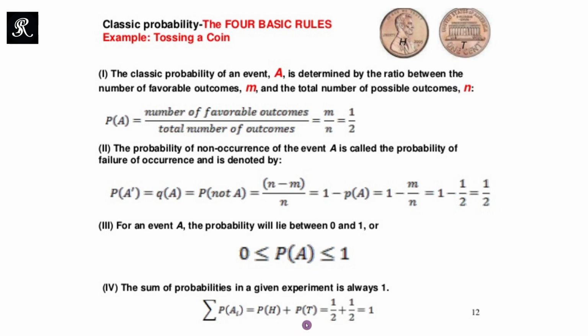In this way, you can say that this index i will run from 1 to 2, because in this experiment of tossing a coin we have 2 events, and the probability of H is 1 by 2, and the probability of T is 1 by 2 as well. When we sum both fractions we get 1. So in this way we can say that in any experiment, when we sum the probabilities of all the events, we will get that sum equal to 1.